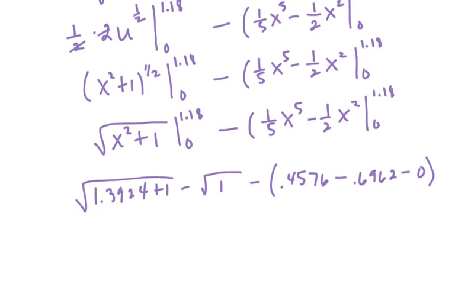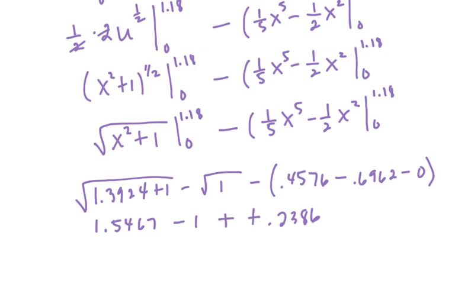So now what we have is 1.3924 plus 1 is 2.3924. And let's take the square root of that. The square root of 2.3924 is 1.5467 minus 1, minus, when you subtract those 2 decimals, 0.4576 minus 0.6962, you get negative 0.2386, and we all know that 2 negatives make a positive.